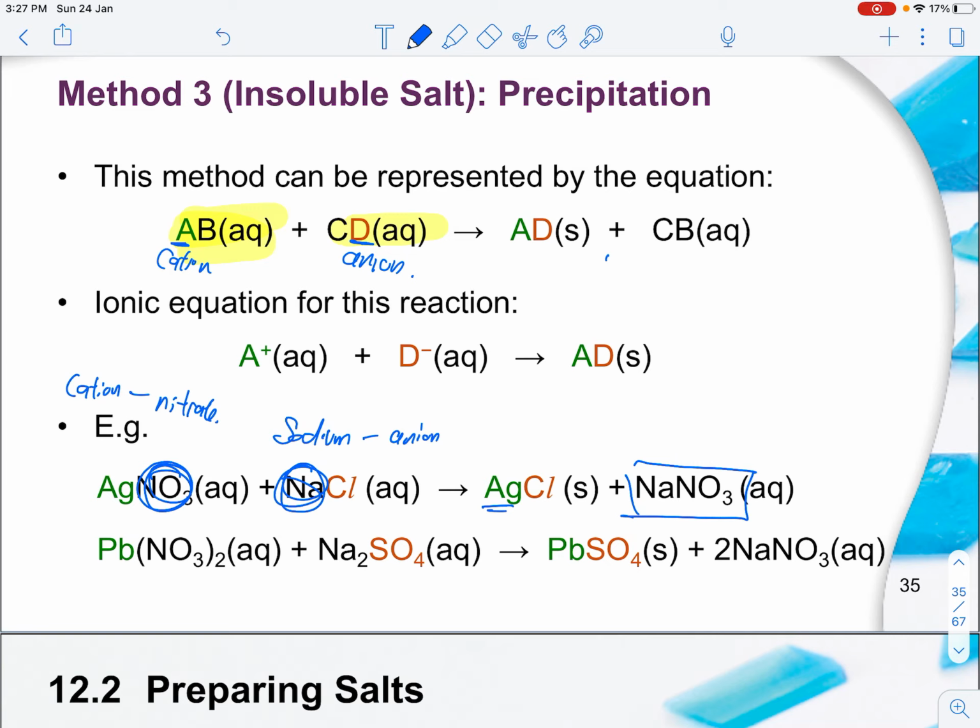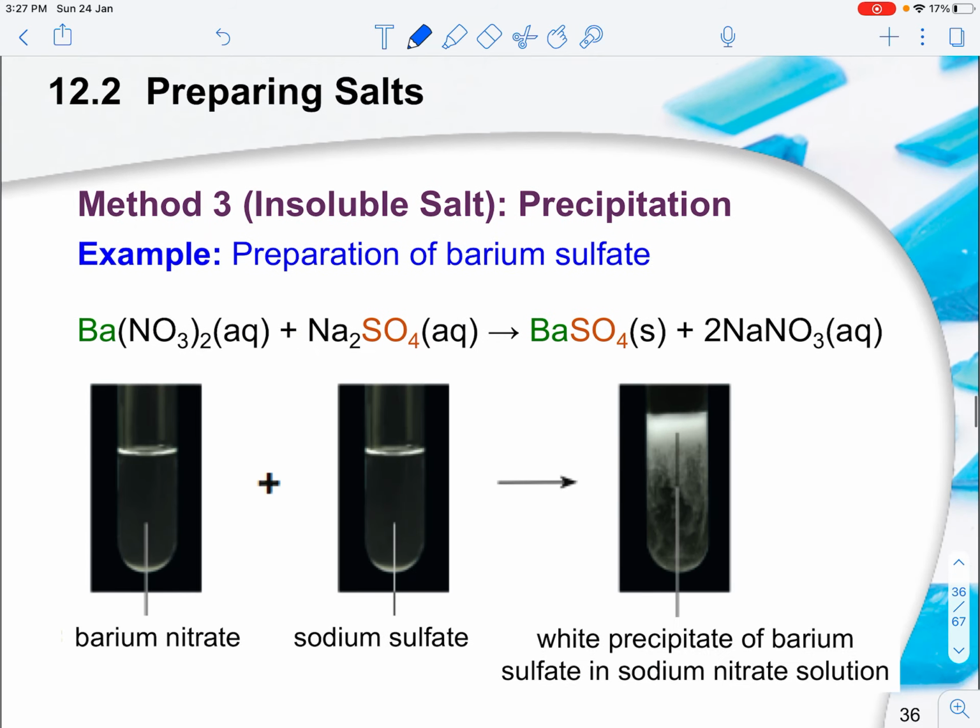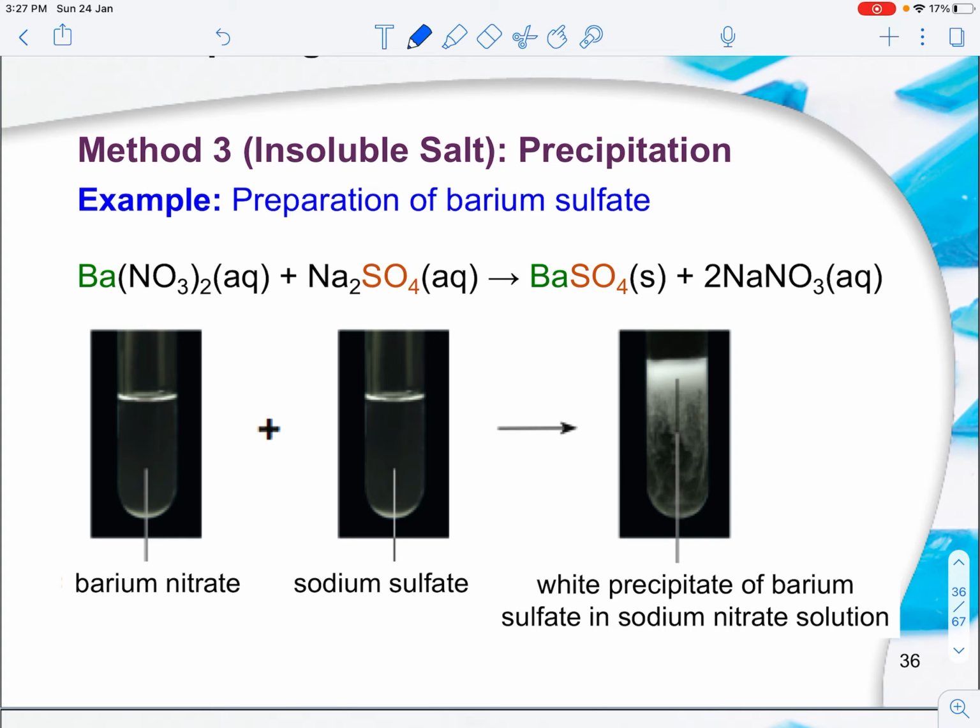So this is one standard way of remembering precipitation. It's a cheat code you could say whereby you just remember that you use something nitrate with sodium something to get the salt that is insoluble, and you always get sodium nitrate as your other product.